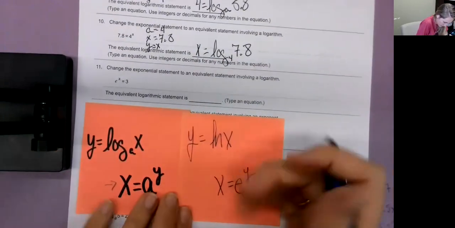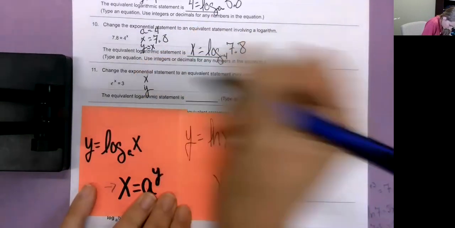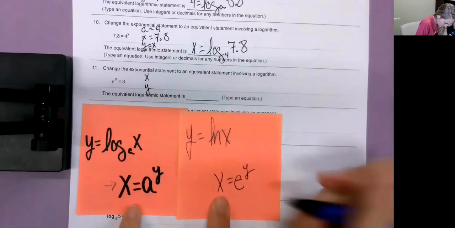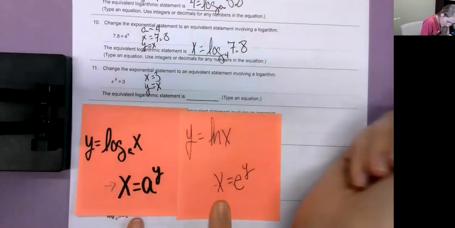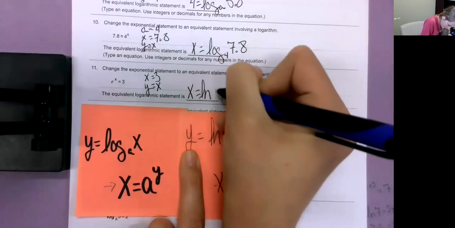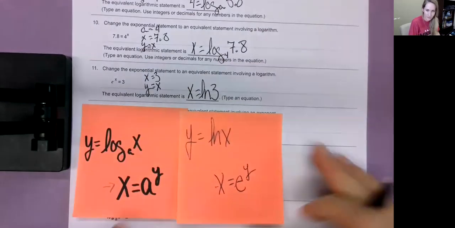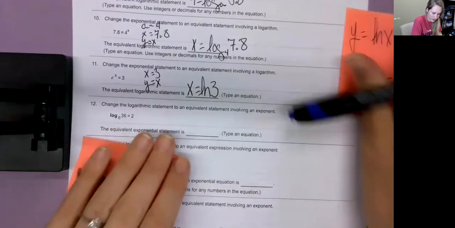So here we go. Our x and our y, and we have this form, so it equals 3 and our y is x. So then we have x equals the natural log of 3.